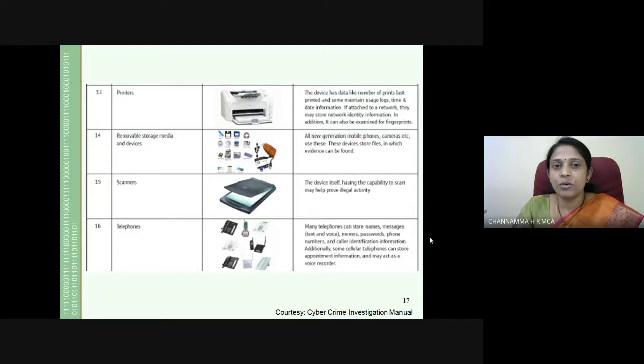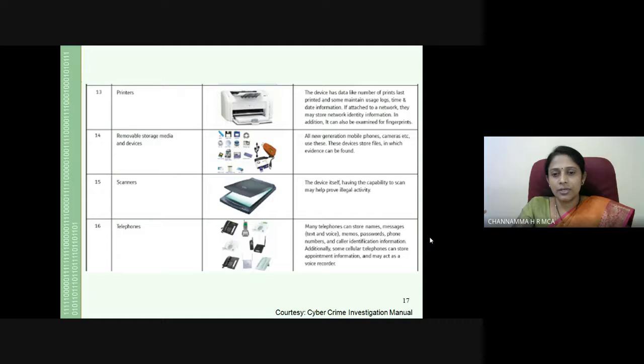And then removable storage media and devices, like pen drives, SD cards, memory cards, and any external hard disk or other external storage media, also become part of the digital evidence sources. And scanners, as with printers, scanners also.